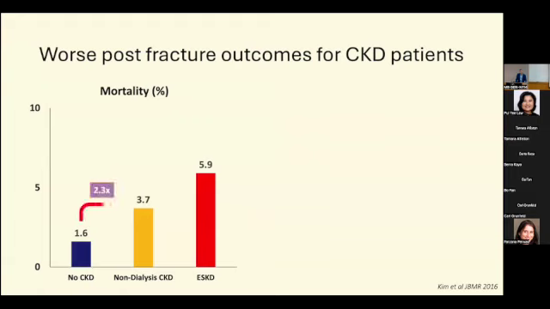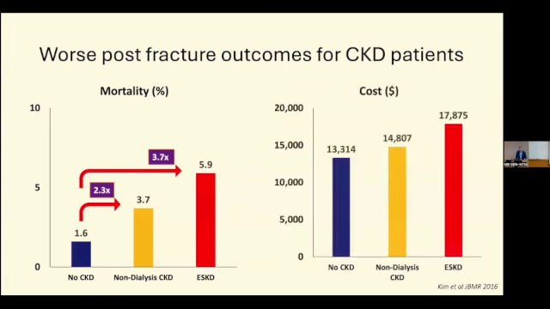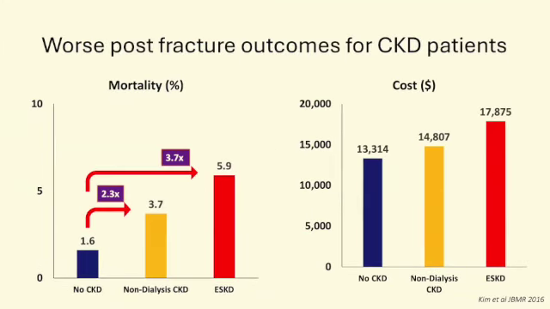They're about 2.5 times higher in patients who are not on dialysis in comparison to healthy kidney patients, and if you're on dialysis, your rates of death after a hip fracture go up by almost 4-fold. And not surprisingly, costs also go in parallel with your degree of kidney dysfunction. So this truly needs our attention, I believe, and we truly want to develop something that can help the clinician better identify these patients for treatment.